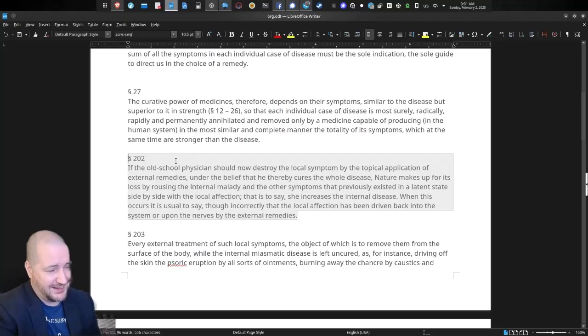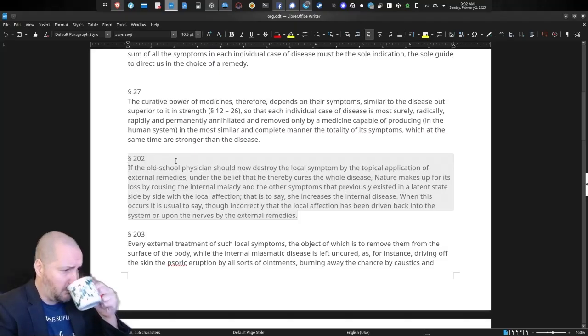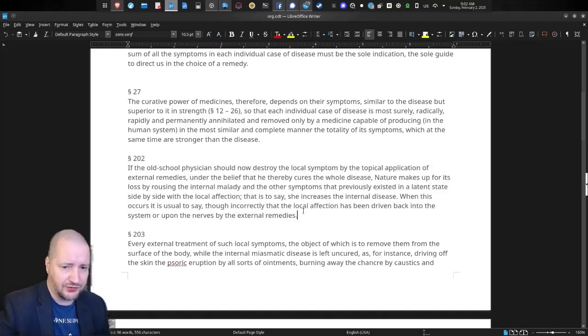It's actually how the human body works. It might sound weird, and homeopaths were the ones who actually identified this. I'm not aware of any other systems where they talk about this. So this is called suppression, and that's why you don't want to get rid of single symptoms on the periphery of your body.